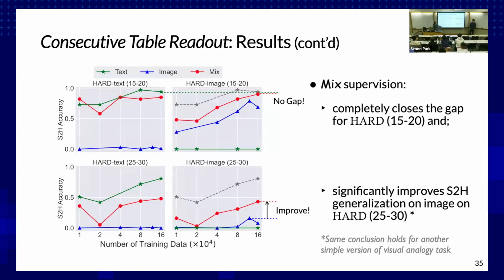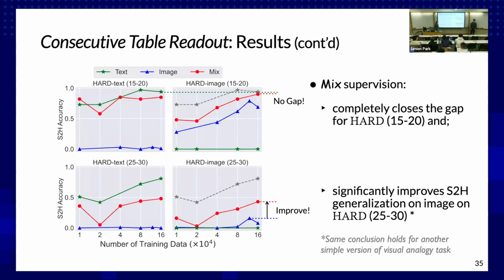And lastly, for our proposed mixed supervision, we noticed that it can completely close the gap for the slightly harder version of the task. So it can achieve comparable performance on both the OOD text inputs as well as the OOD image inputs. And it significantly improves the S2H generalization on image on the much harder version of the task.